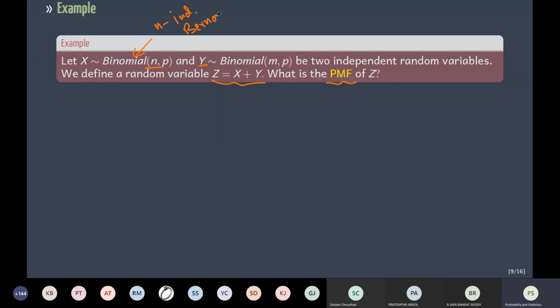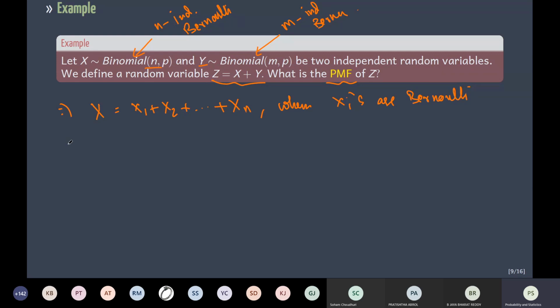I can see this as n independent Bernoulli, and here I can see this as m independent Bernoulli. This means that x can be written as x1 plus x2 plus ... plus xn, where the xi's are Bernoulli. And y is binomial over m, so y will be y1 plus y2 plus ... plus ym, where the yi's are Bernoulli.